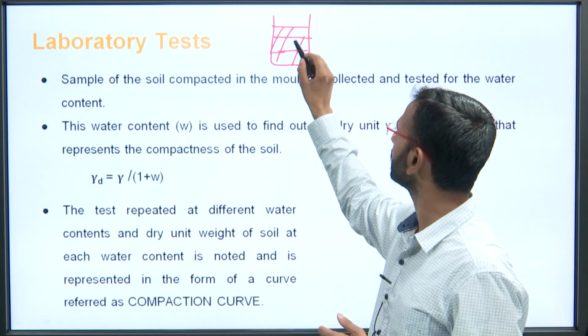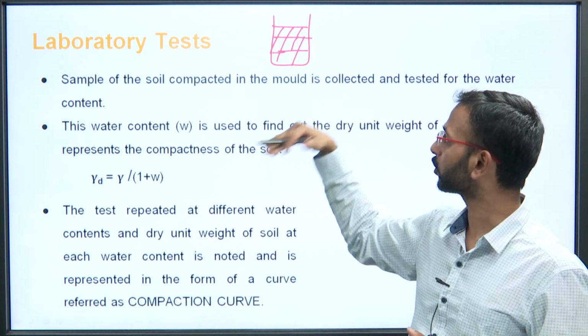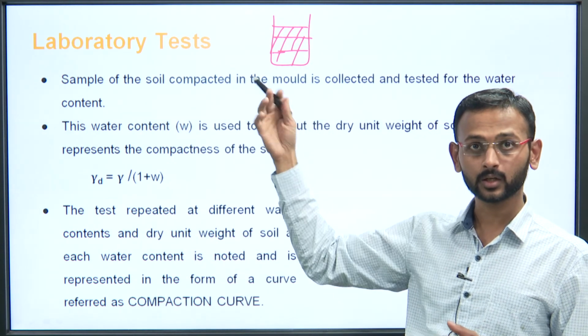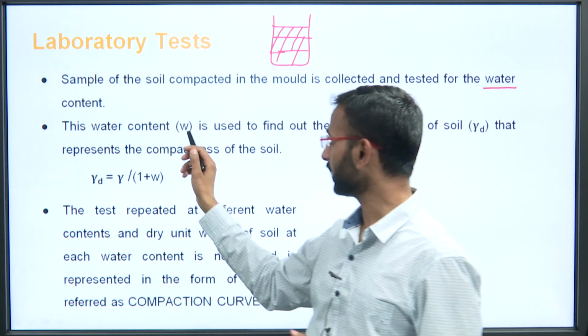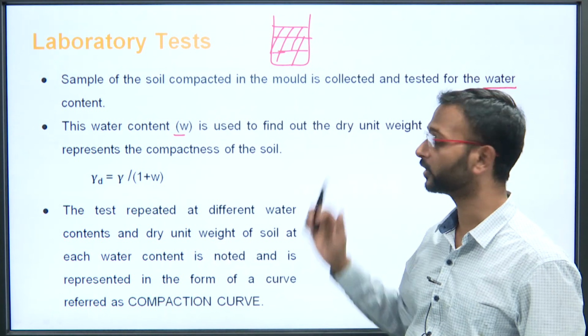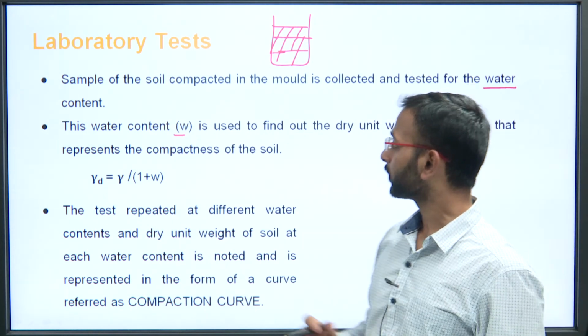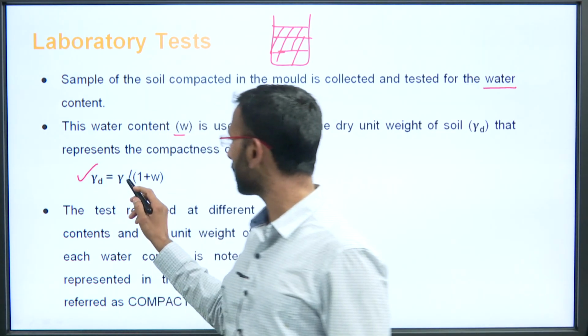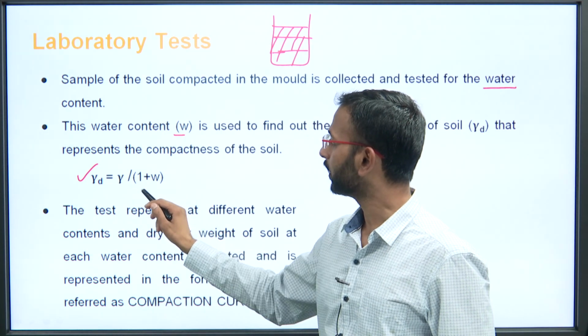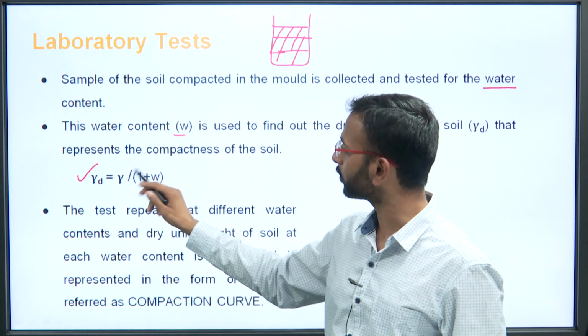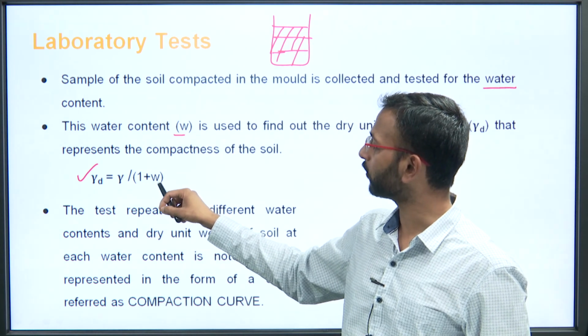After compaction, you take the soil sample and test the water content. This water content is used to find the dry unit weight, because gamma d is equal to gamma by 1 plus w. You know the unit weight, which can be found by practical experiments, and now you know the water content.